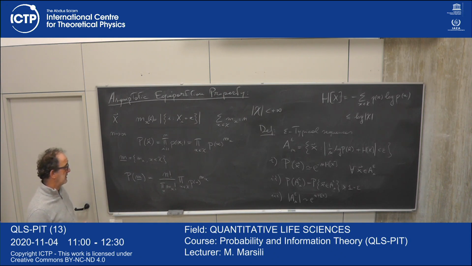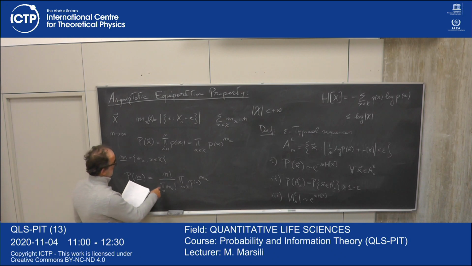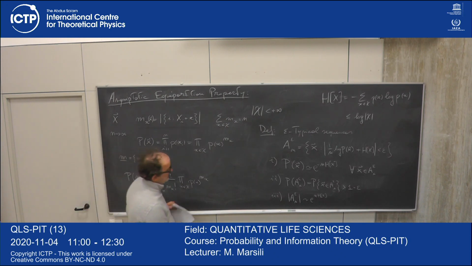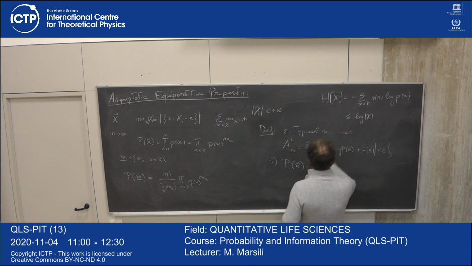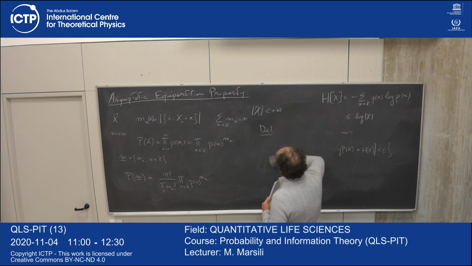Now you can use Stirling's formula for n factorial and for m of x factorial, and I leave it to you as an exercise.